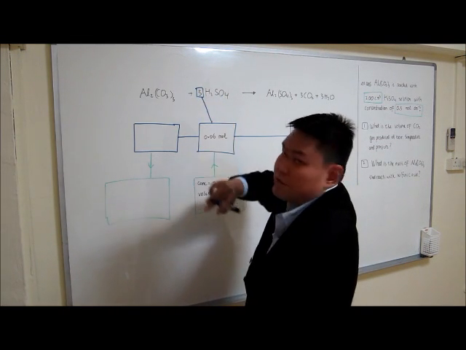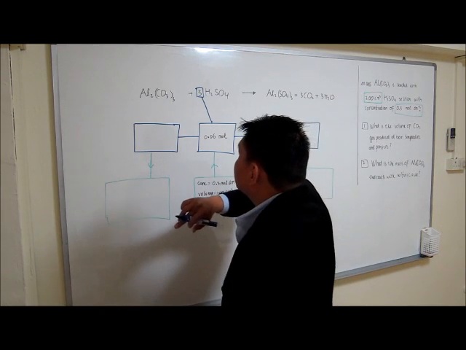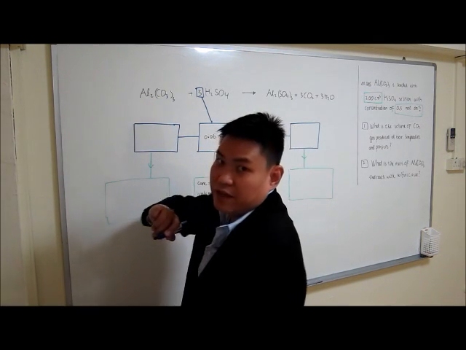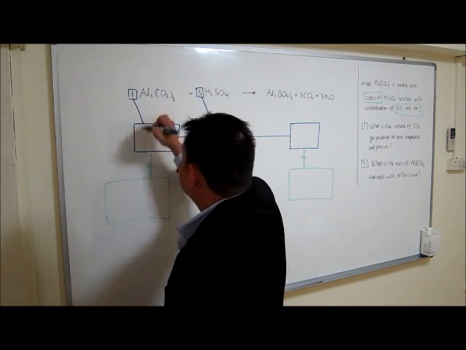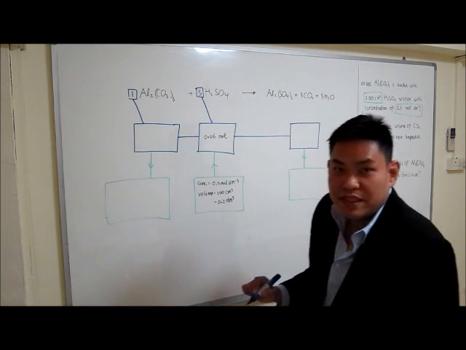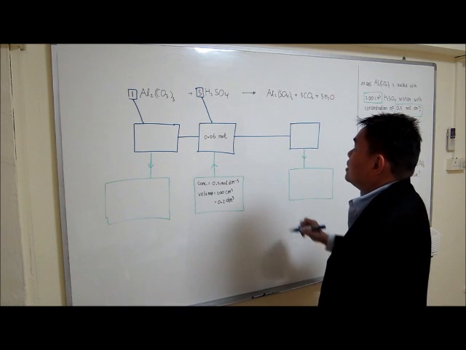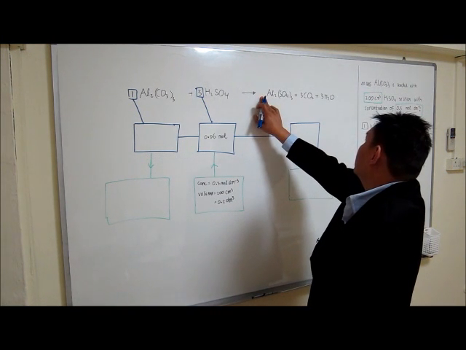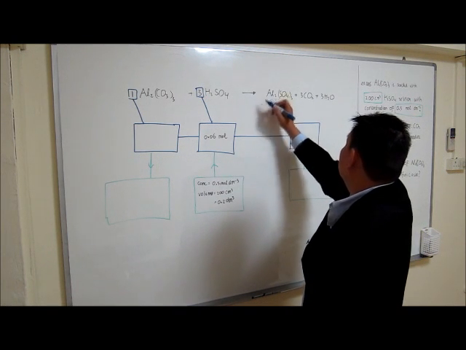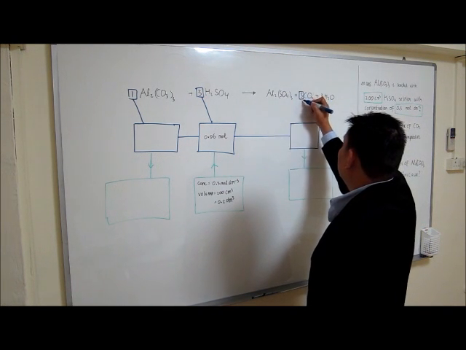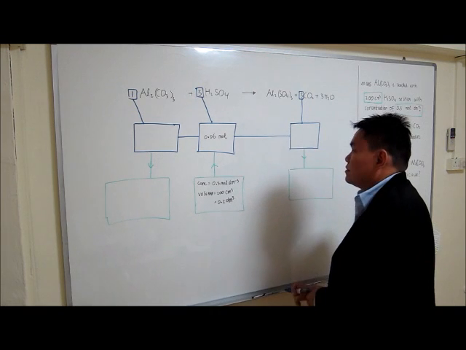So the coefficient of sulfuric acid is 3. The coefficient of aluminum carbonate is 1. Remember that empty space means 1. And the coefficient of carbon dioxide is 3 also.